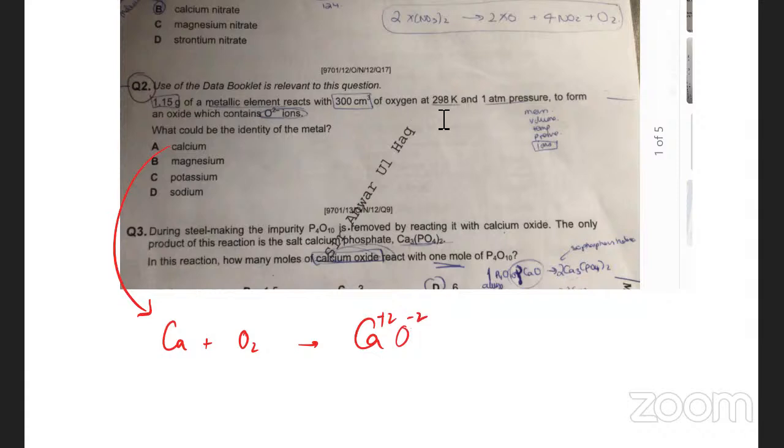That's what the metallic element reacts with oxygen. If I balance this equation, it's going to be 2, and 1, right? So it's 1.15 grams of this. I'm going to try and figure out if the data matches with this equation. So how many moles is 1.15 grams divided by the Ar of calcium, which is.